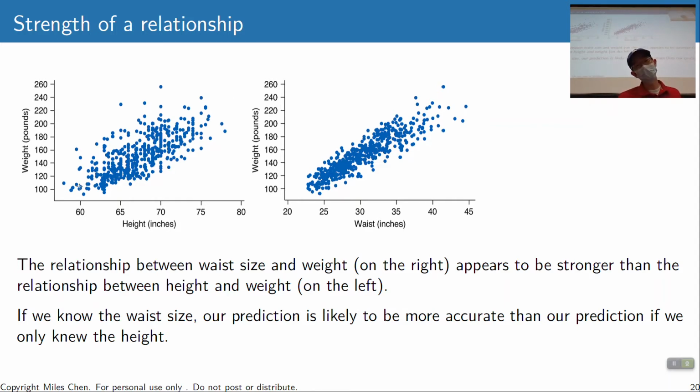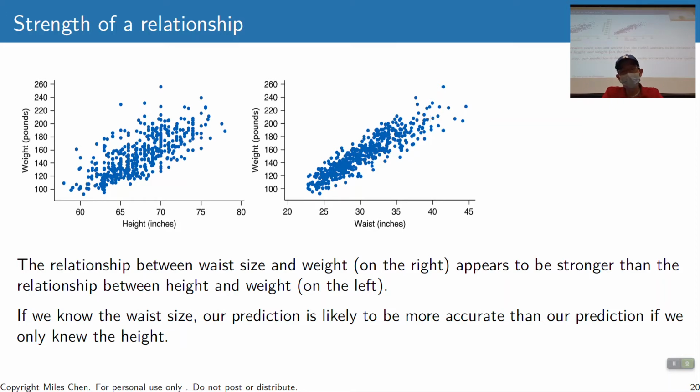That's the overall trend. This is another, not their height, but now their waist size. So you take a tape measure, put it around their waist. What is your waist size in inches? And this seems to be a better predictor. If you wanted to guess someone's weight, it is more informative to know their waist size than to know their height.